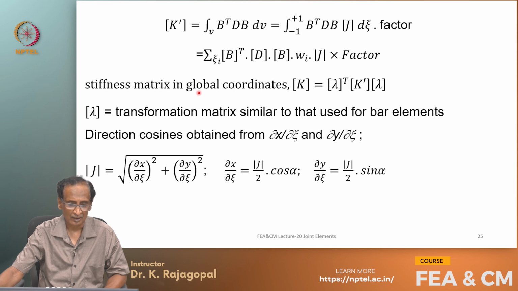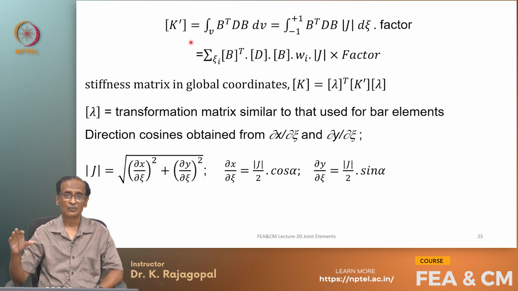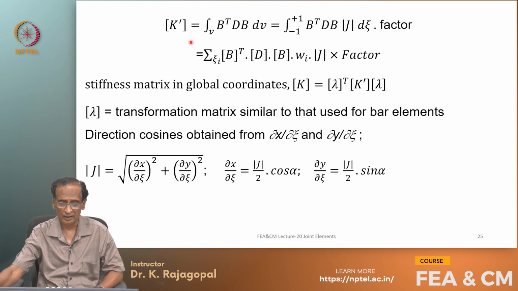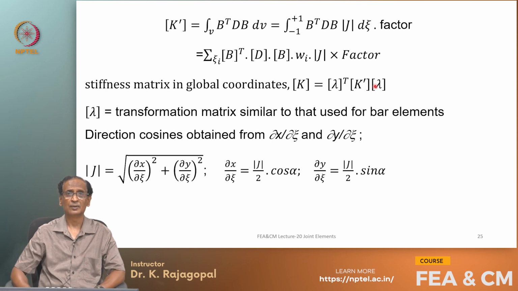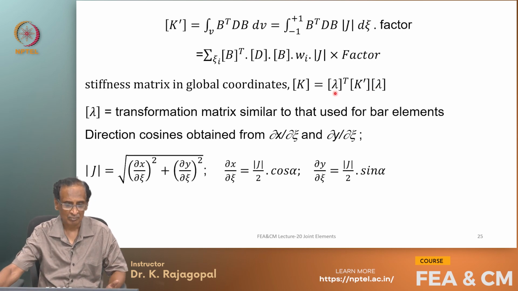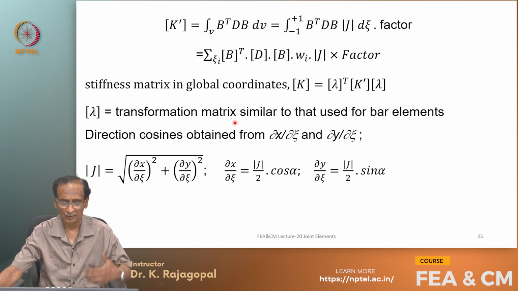Once we get the stiffness matrix in the local directions, we can get it in the global directions as lambda transpose k prime lambda. That is our orthogonal transformation that we have seen earlier, and our lambda is similar to the transformation matrix that we used in the case of bar elements.